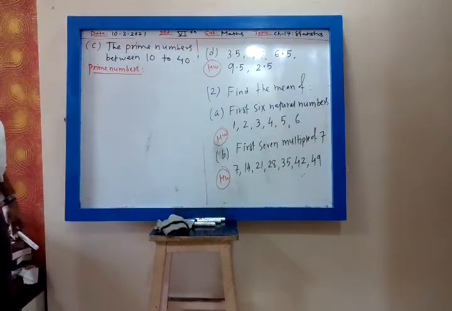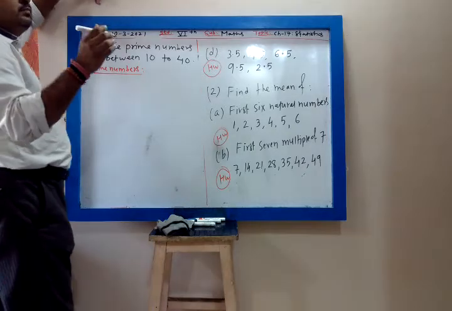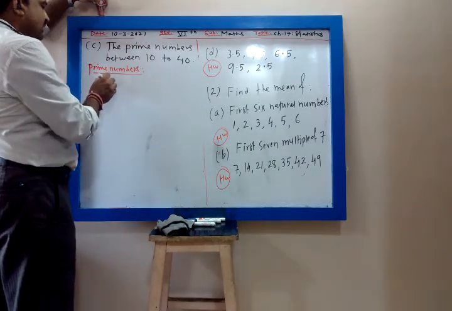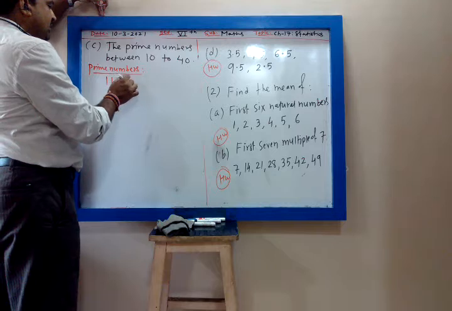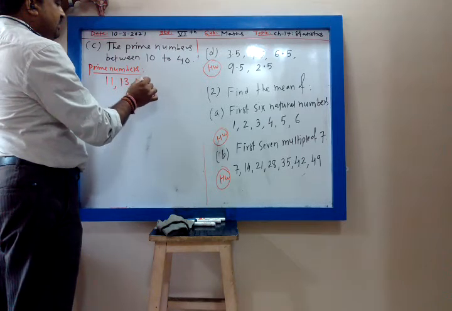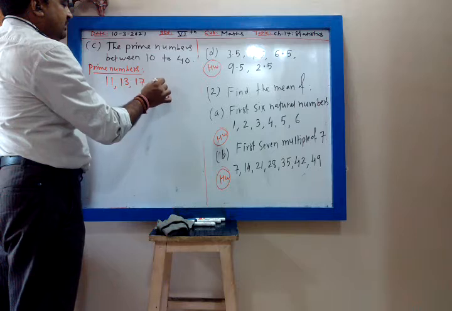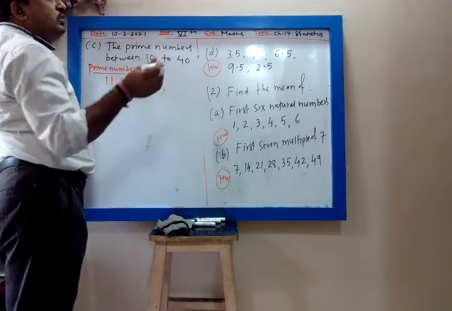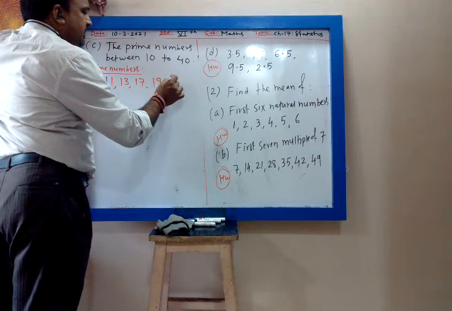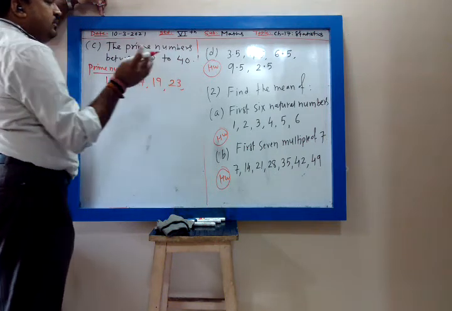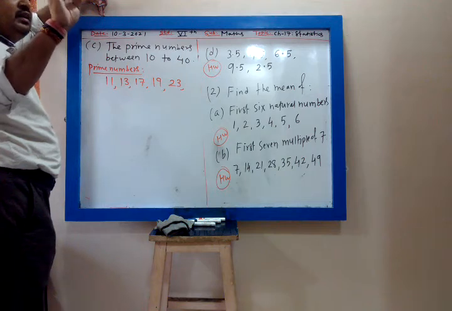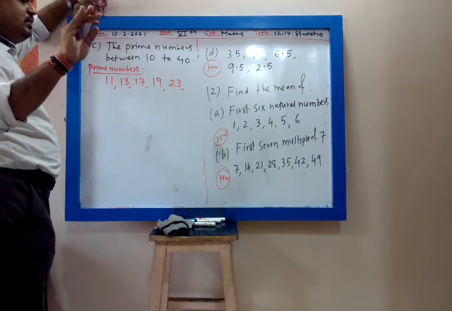Prime numbers mean those numbers which are divisible only by themselves. 11, 13, then 15 is not there. 17, then 19, 20, 21 will not be there, 22 will not be there, 23. Then 24, 25, 26, 27 will not be there.